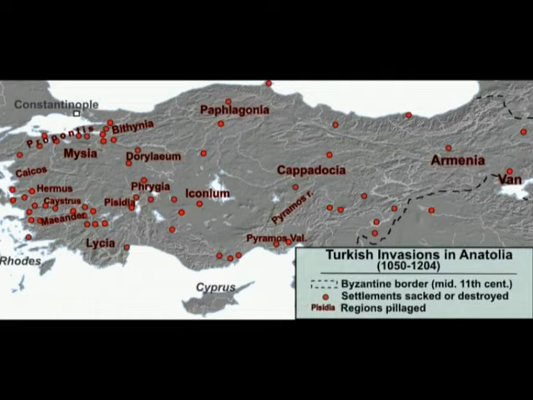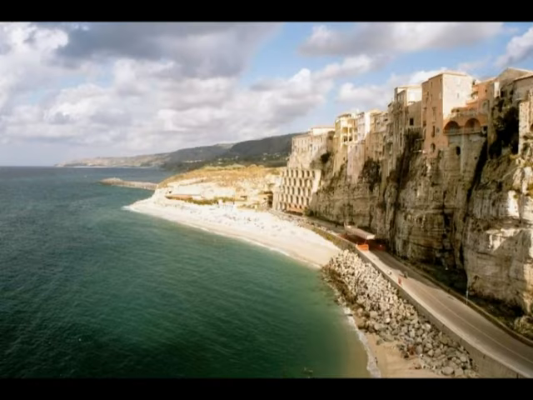So in late May 1081, Robert Guiscard, the Norman duke and a member of the Hauteville clan from northern France, who had established a substantial territory for himself in southern Italy, landed at Avlona on the Albanian coast with the intention of seizing territory in the Western Balkans for himself.